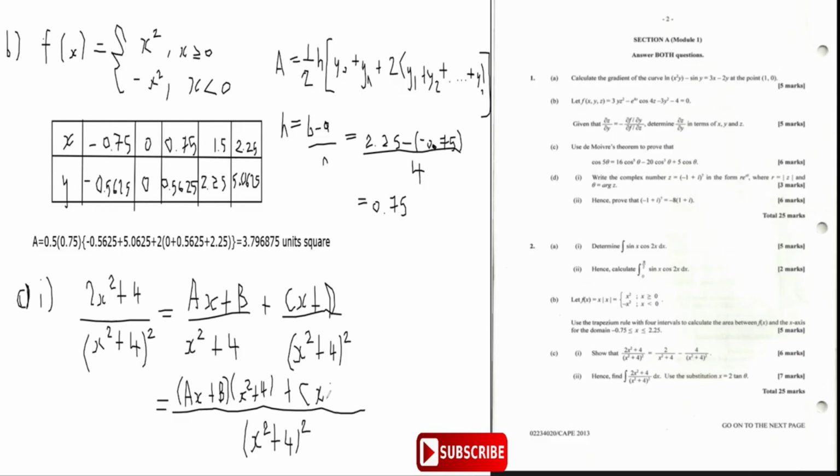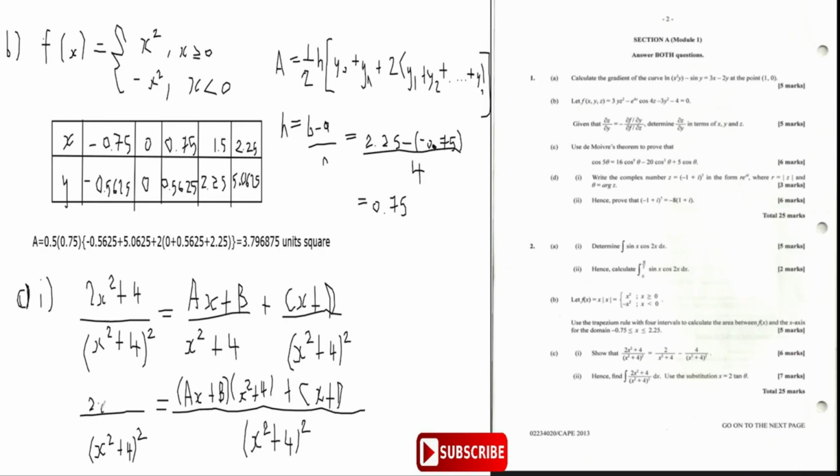Now, whenever the denominators are the same, all you do is equate your numerators. Remember, over here the denominator was just x squared plus 4 all squared, and in the numerator we just had 2x squared plus 4.